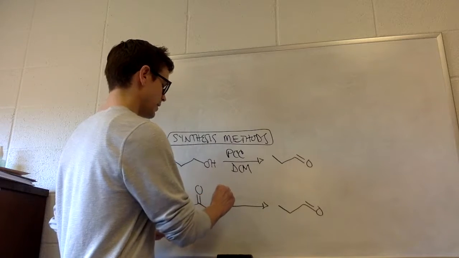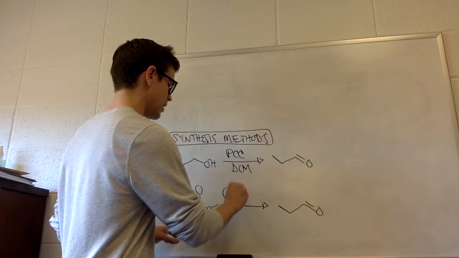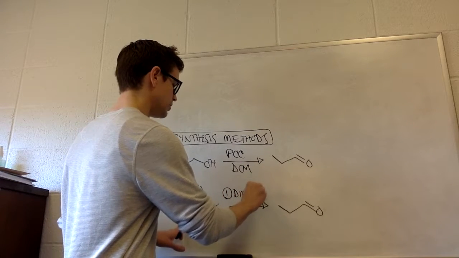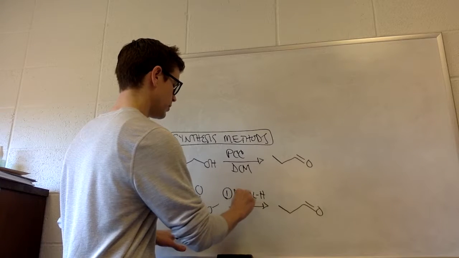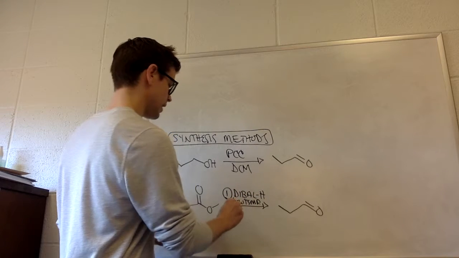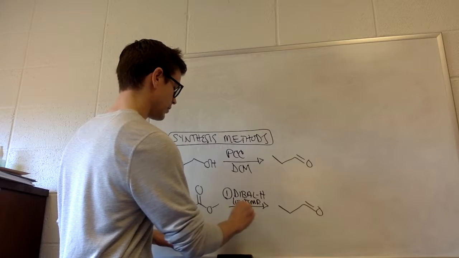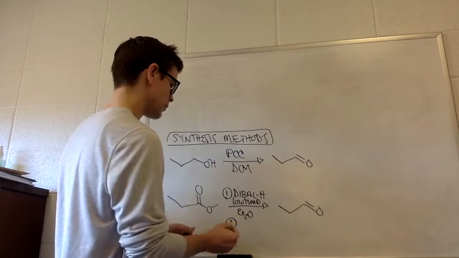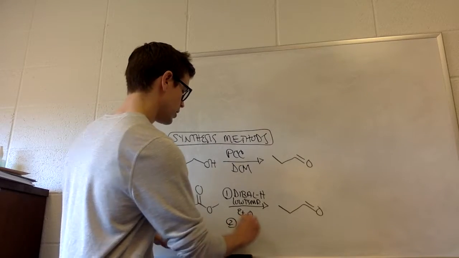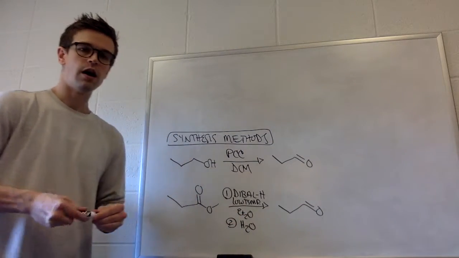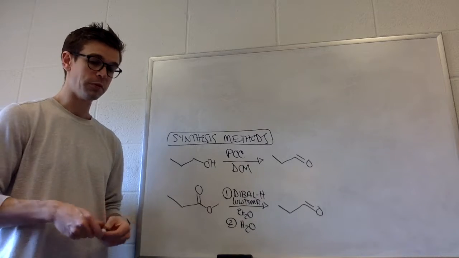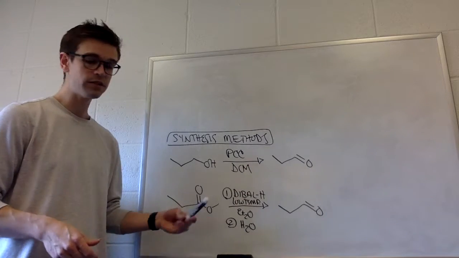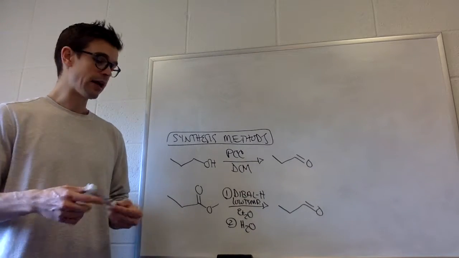That's DIBAL-H. So DIBAL-H, and we can write low temp, and we'll write a solvent, diethyl ether or some type of inert solvent like that. The second thing that we have to add is water, which is going to react with that aluminum reagent. So these are two ways that we can make aldehydes.